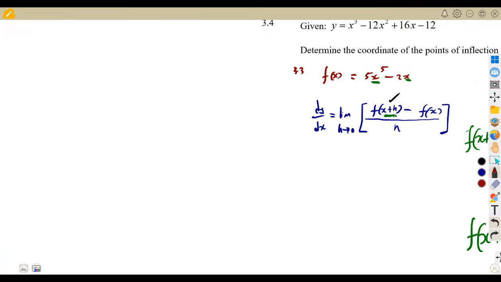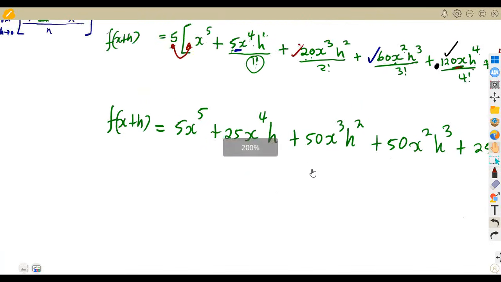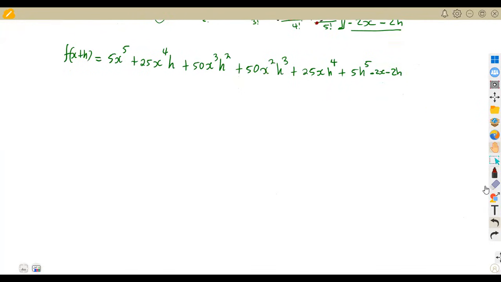So simply we can just subtract. This is our f of x here, which is 5x to the exponent of 5 minus 2x. So let us find f of x plus h. So I'm just going to write here f of x. Okay, so this is going to be f of x plus h minus f of x. So we're going to subtract our f of x.